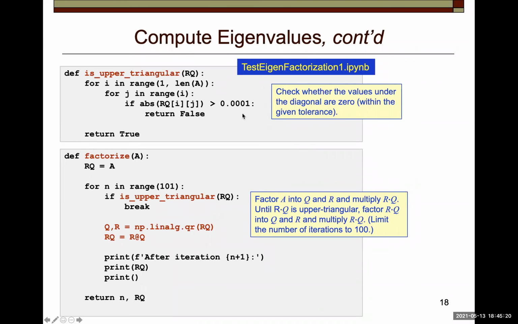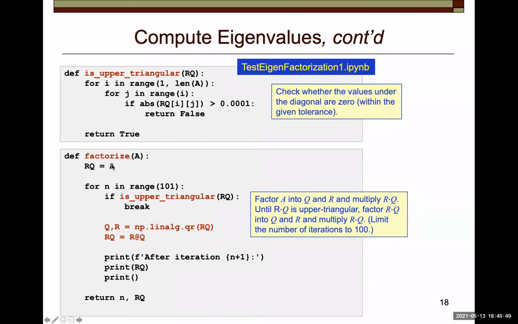Instead I'm just going to ask, is it close to 0? If all the elements are less than or equal to 0.0001, I'll say true. But as I'm checking the elements under the main diagonal, if any one of them is greater than 0.0001, I'm going to say no, it's not upper triangular.